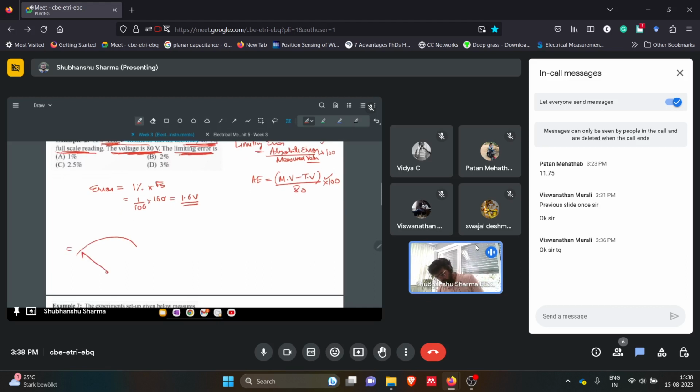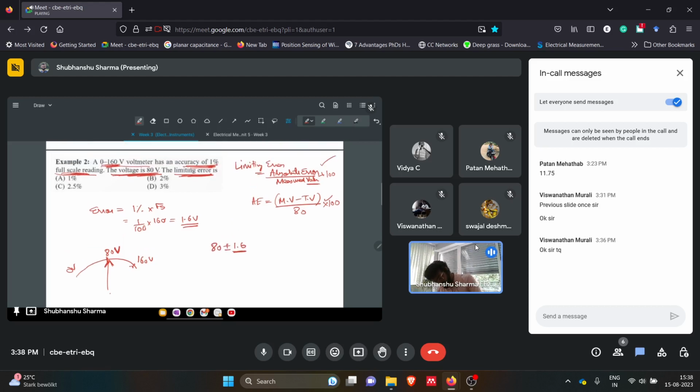So this is 0 volts, this is 160 volts. Somewhere in between the pointer is denoted here. So this was 80 volts. Now, since the pointer is reading 80 volts, there will be a plus or minus error of 1.6. Why?